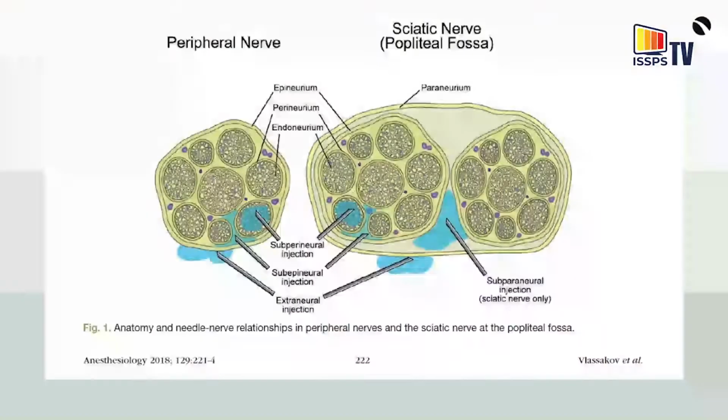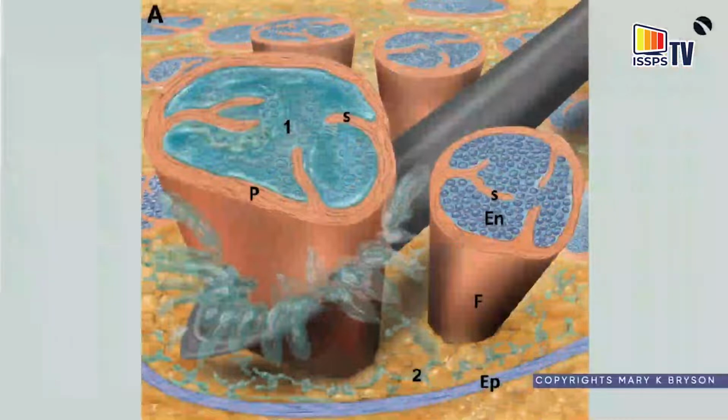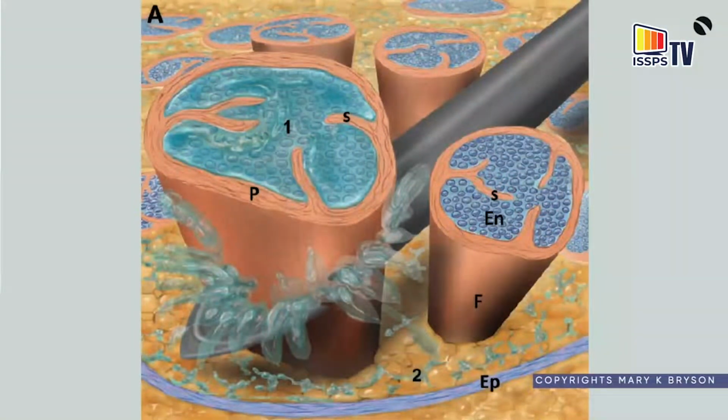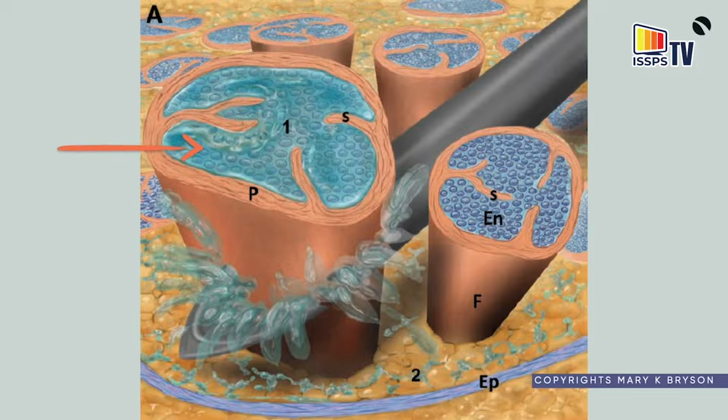Spread after intraneural injection has always been believed to be subperineural, subepineural, extraneural, or subparaneural or subcircumneural. This animation demonstrates the prevailing opinion as recently as 2018. Spread is via the endoneurium of the fascicles, number 1 in this drawing, and of course in the adipose tissue of the subepineural space, number 2.